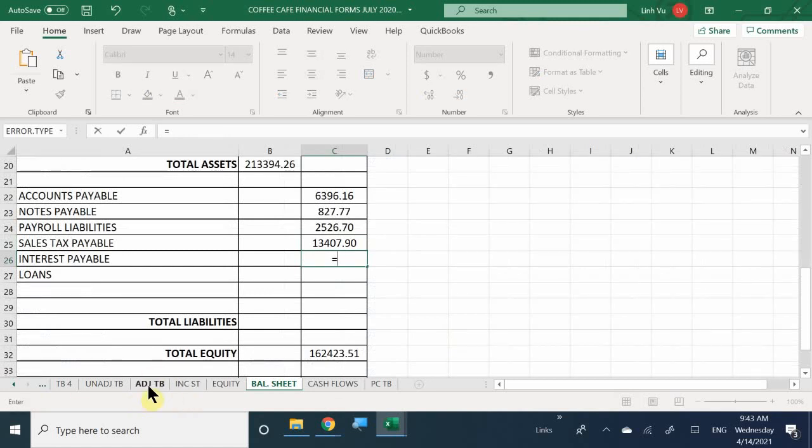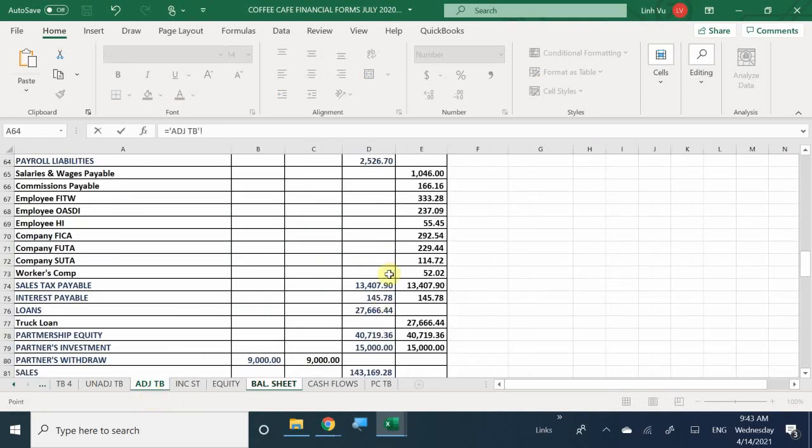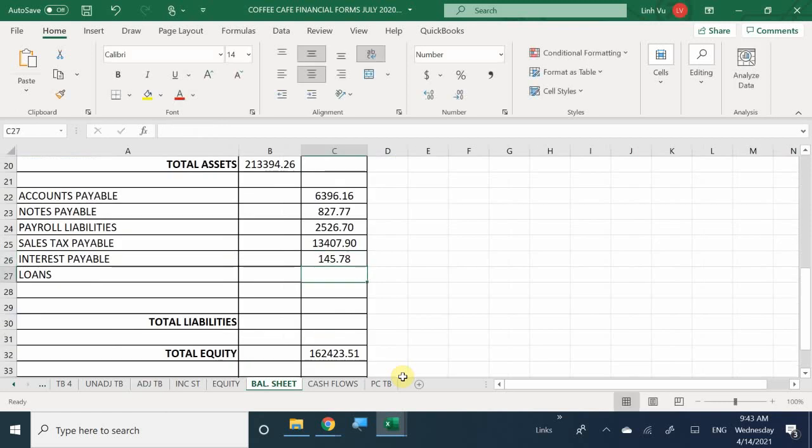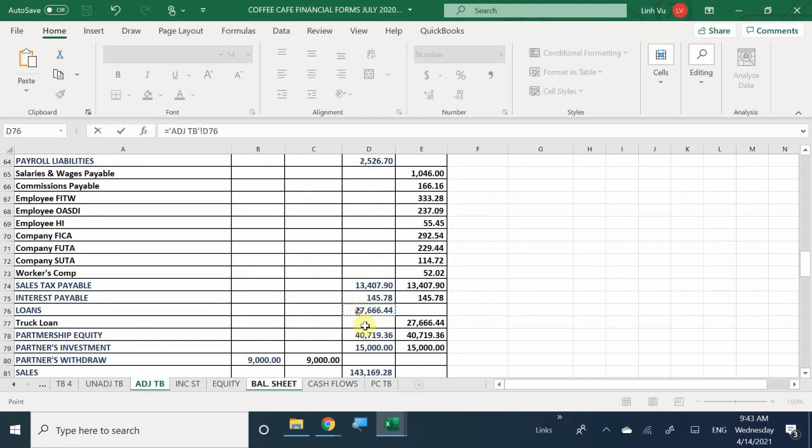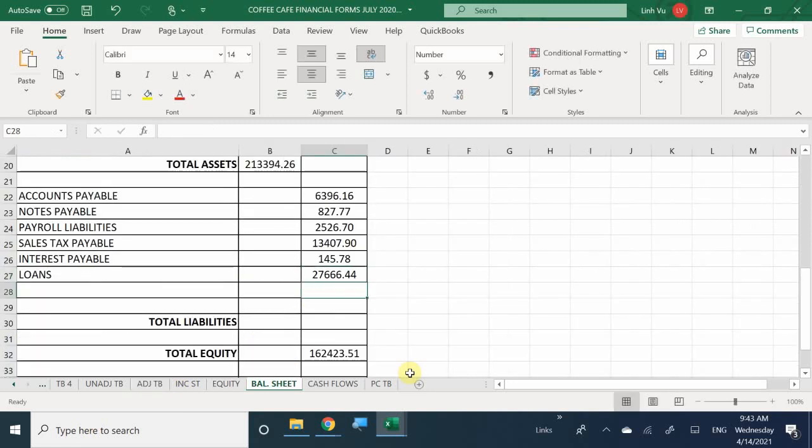My interest should be 145. And lastly, my truck loan is outstanding for 27. Good. So add up your total liabilities.